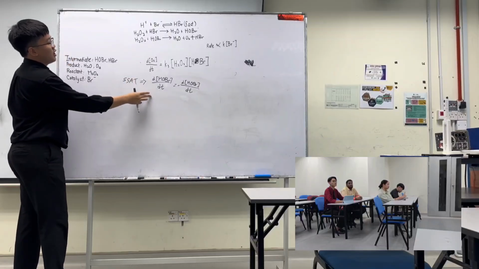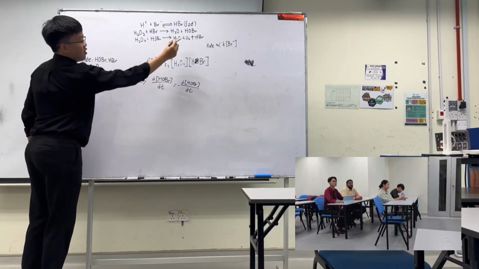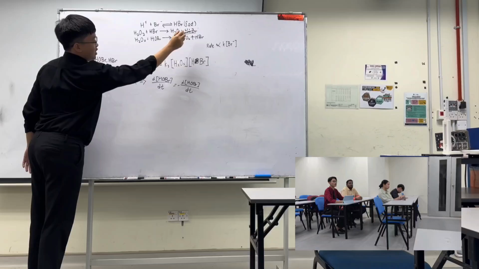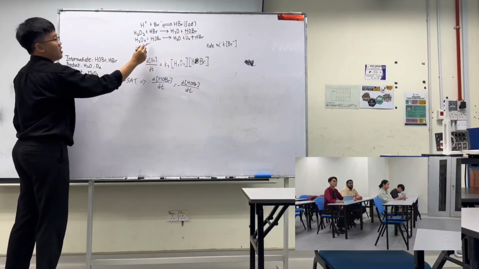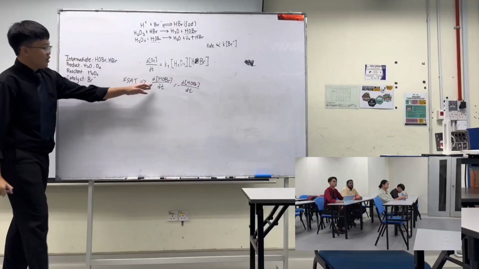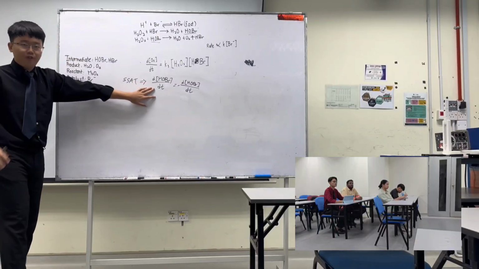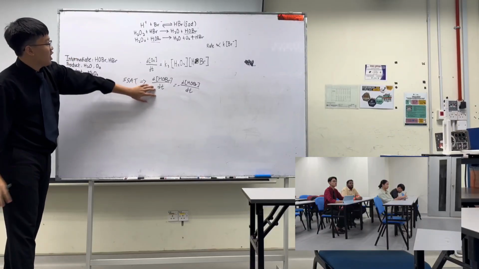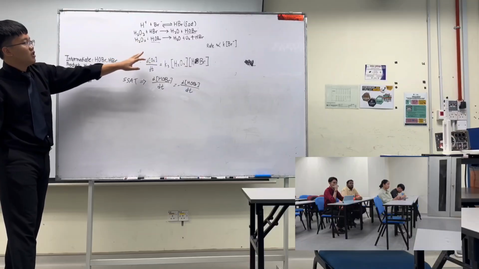For HOBr, you notice that HOBr appears here as a product and appears here as a reactant. So for the positive HOBr, which is the rate of formation, it is the product side, so we're using the second equation.